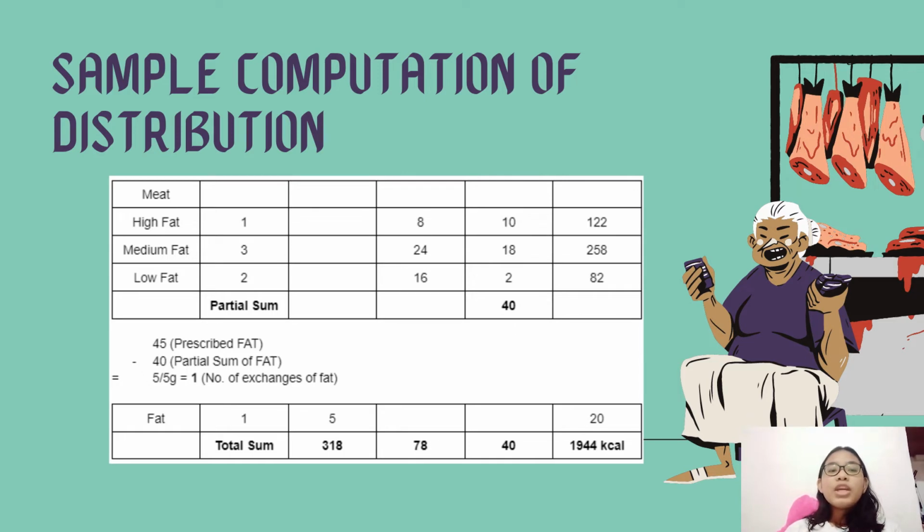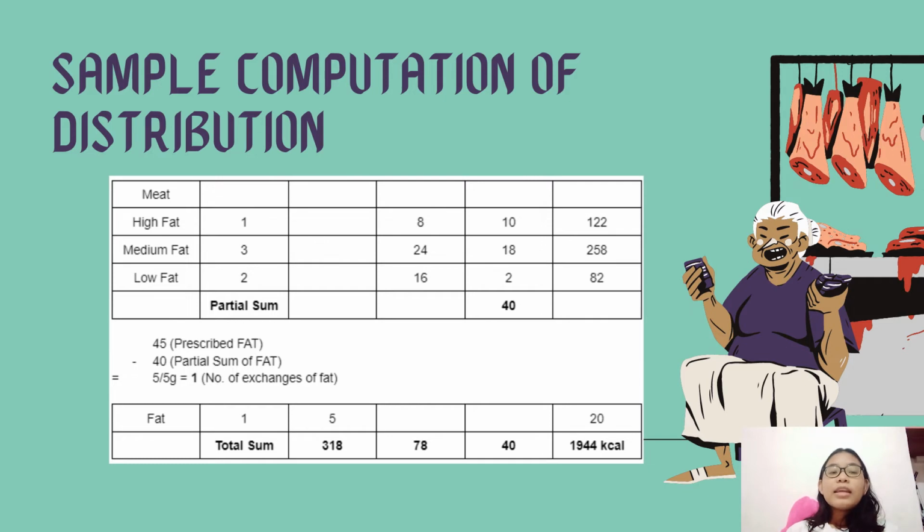Medium fat has 3 number of exchanges, which has 24 grams of protein, 18 grams of fat, and 258 kilocalories of energy. Lastly, low fat has 2 number of exchanges, which has 16 grams of protein, 2 grams of fat, and 82 kilocalories of energy.